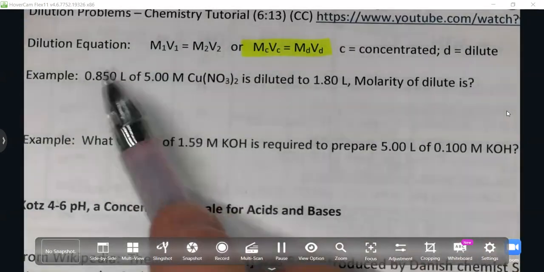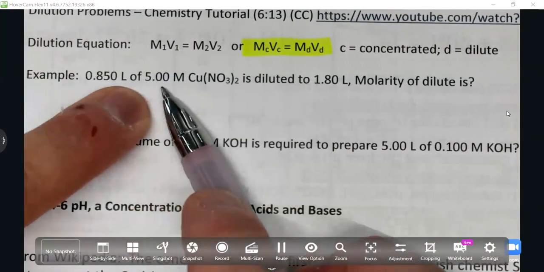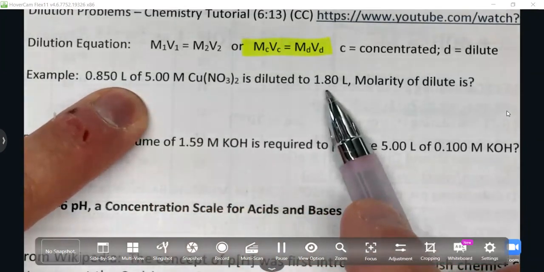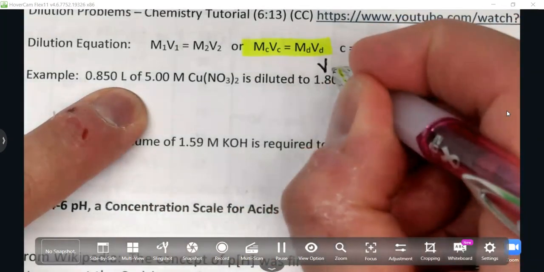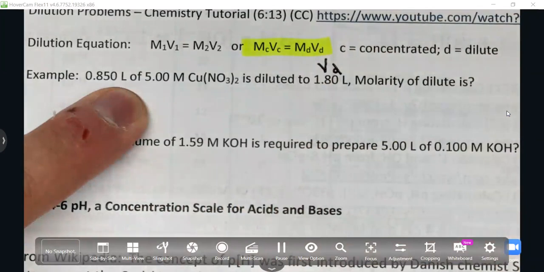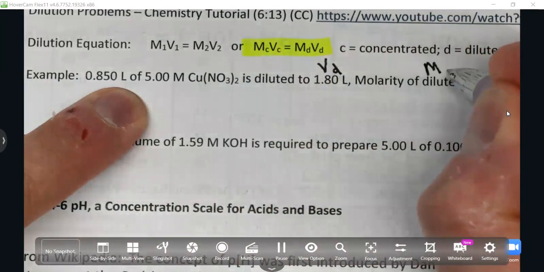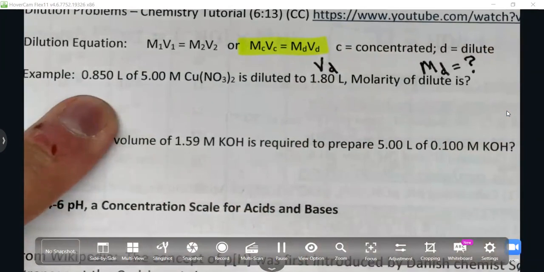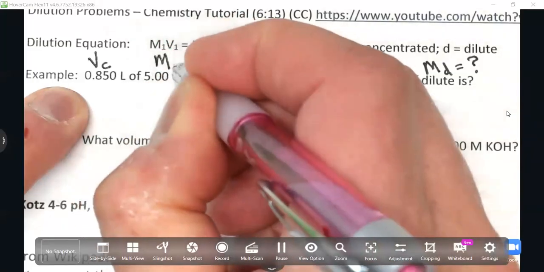So let's look at this. We have 0.850 liters of 5 molarity copper 2 nitrate is diluted to 1.8. This is the volume of my dilute, right? It's asking for what is the molarity of the dilute. Then this is the volume of my concentrated, and this is the molarity of my concentrated.